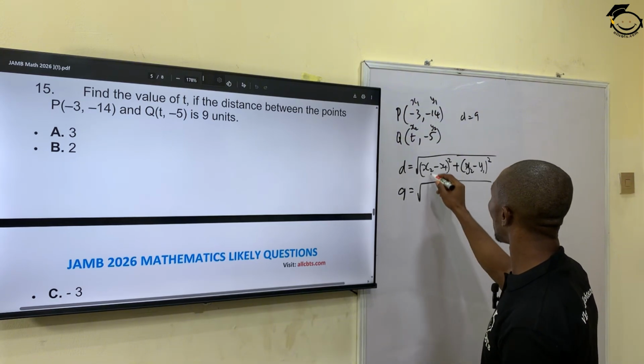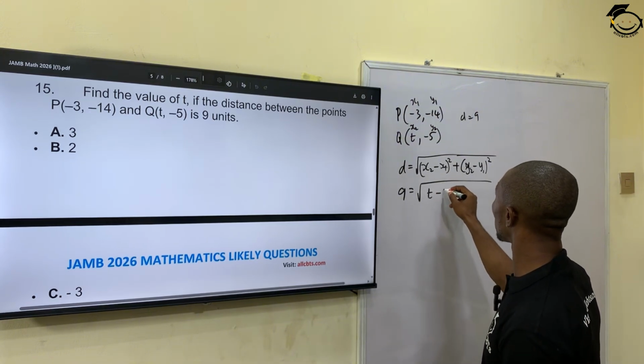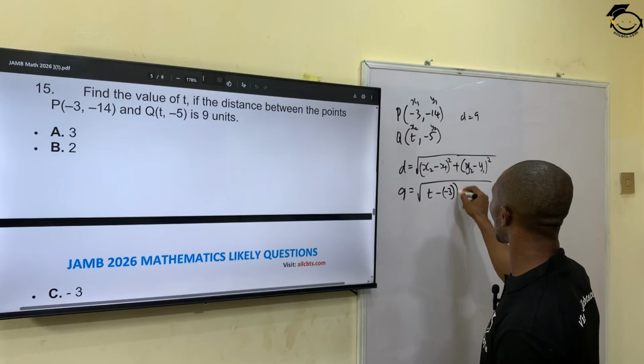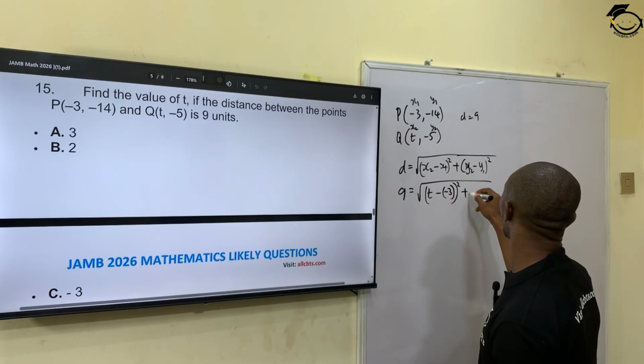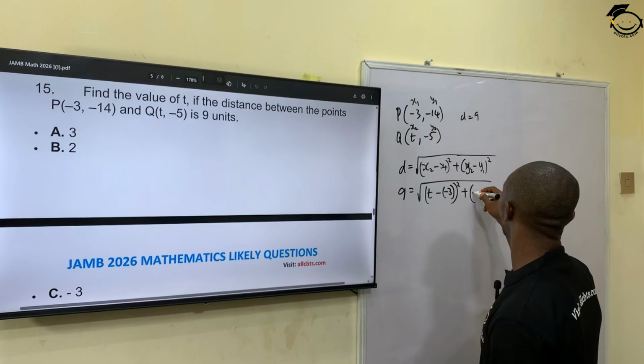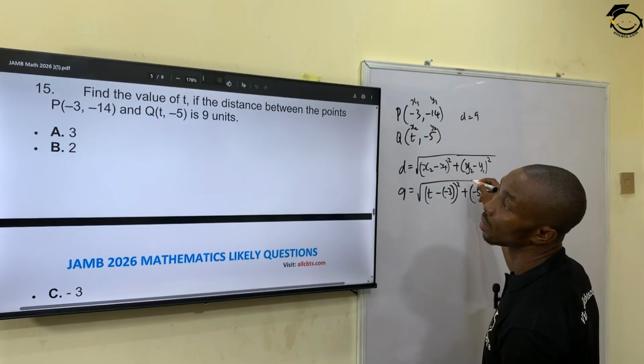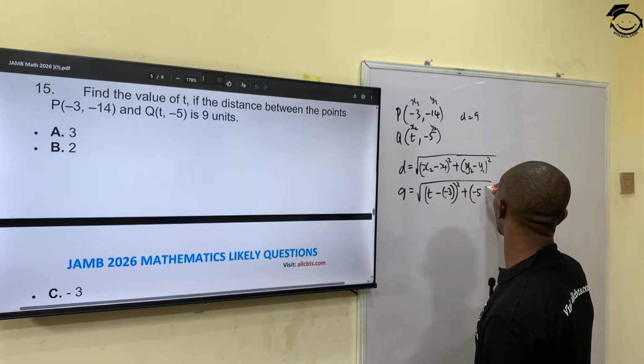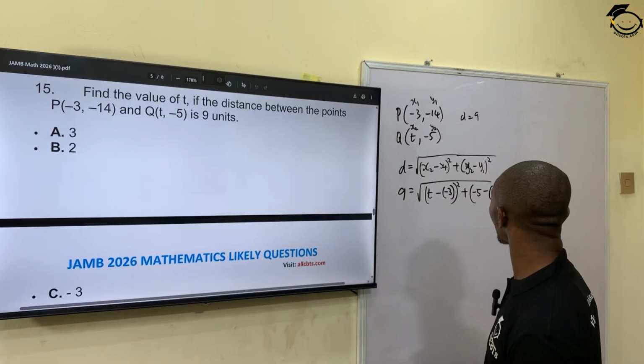Root, x2 is t minus 3 all squared plus y2 is minus 5, bracket minus 14, all squared.